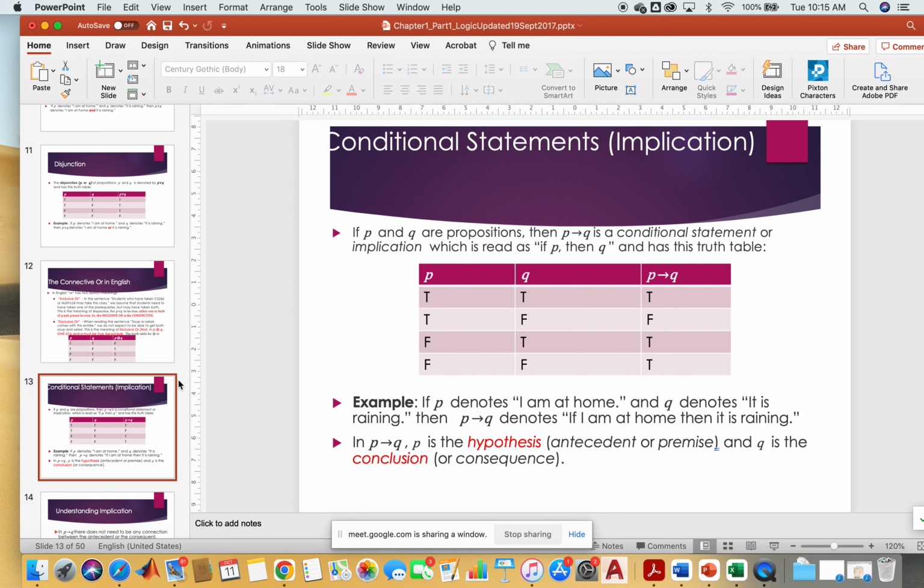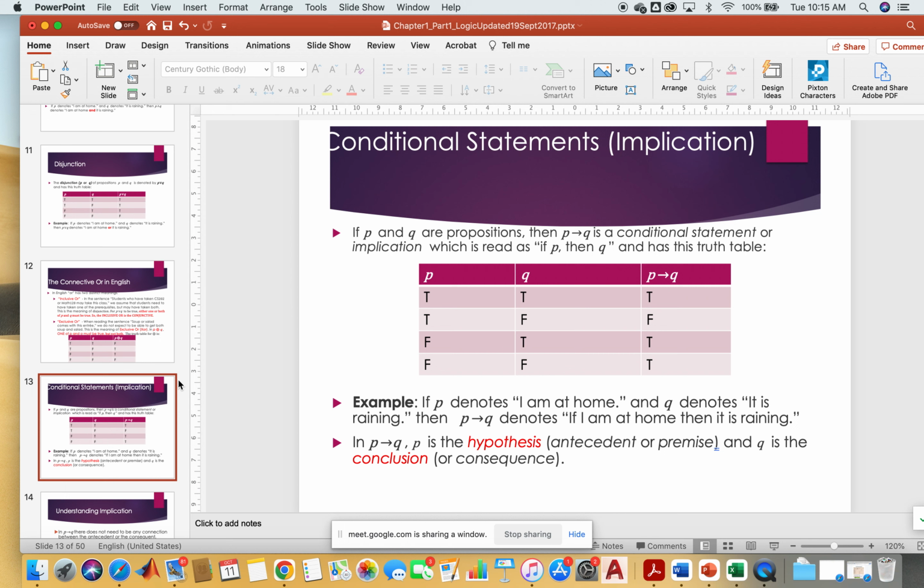So for the biconditional, if P and Q are propositions, then we can form the biconditional proposition P, Q as P if and only if Q. Okay? So P if and only if Q is true when if P then Q and if Q then P are true, and false otherwise.